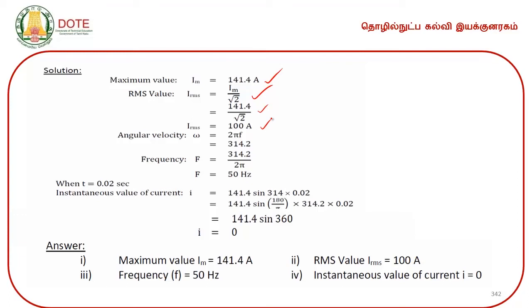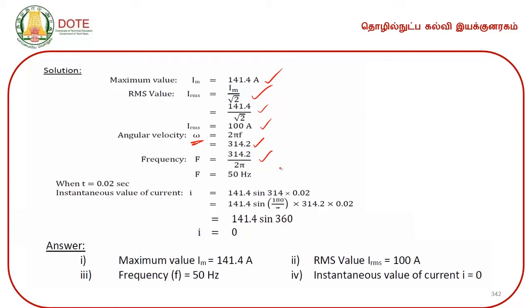And then we need to find the frequency of the alternating voltage, for which we should know the value of omega. This is the omega value, which is equal to 314.2. f is equal to 314.2 divided by 2 pi, which yields a value of 50 hertz.